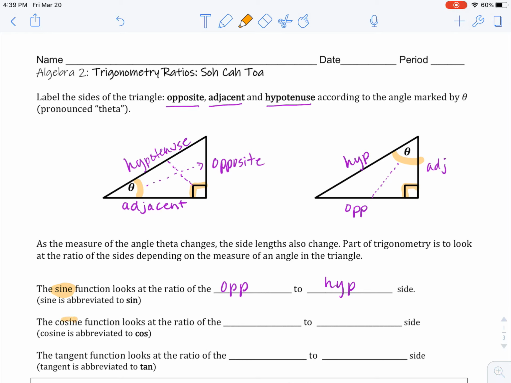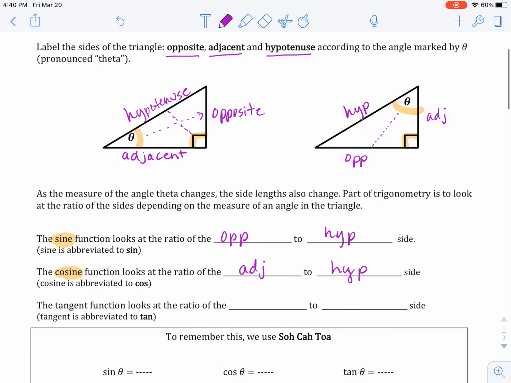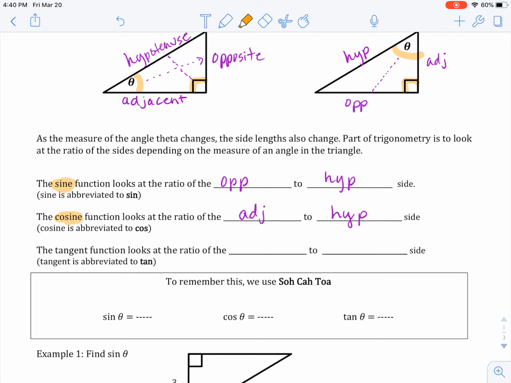The cosine function looks at the ratio of the adjacent to the hypotenuse side. And the tangent function looks at the ratio of opposite to adjacent.